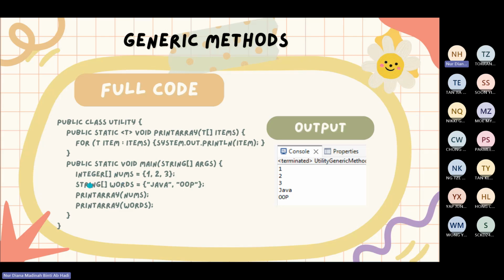What if the value is String, square bracket, names: Kuan, Akbar, Adnan? What will be displayed? So the output would be displayed as Kuan, Akbar, and Adnan.